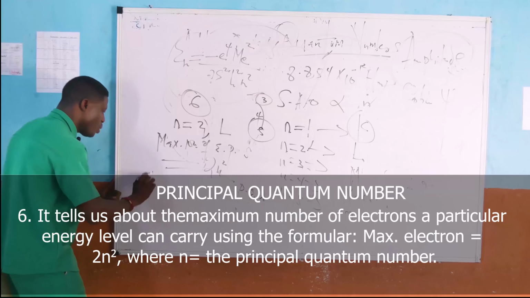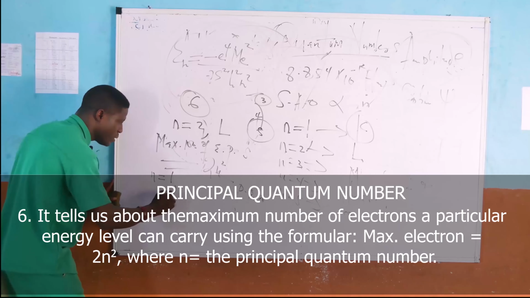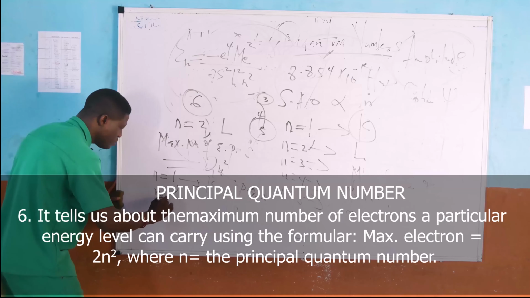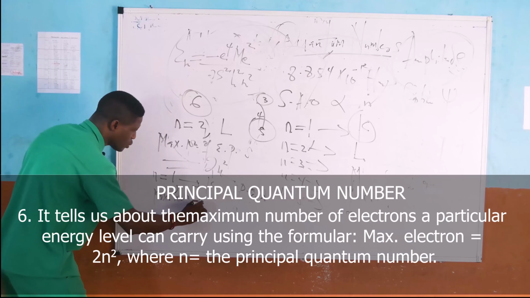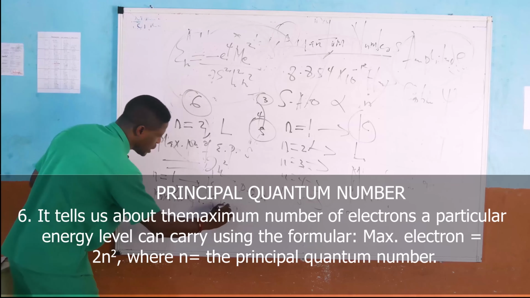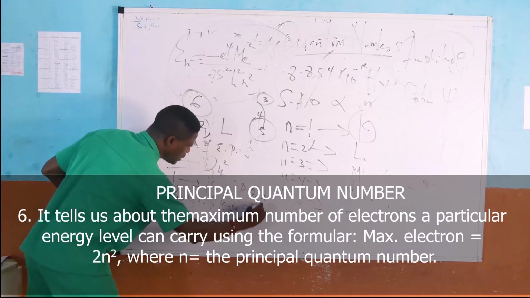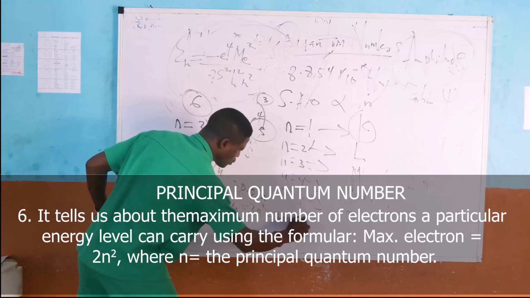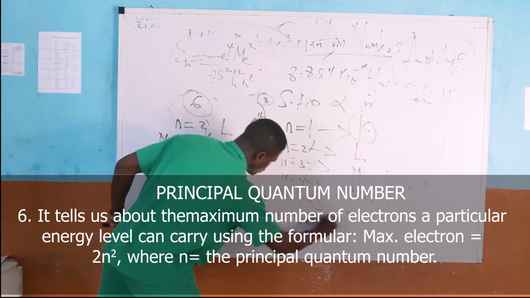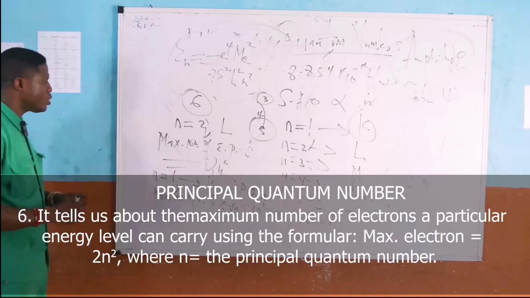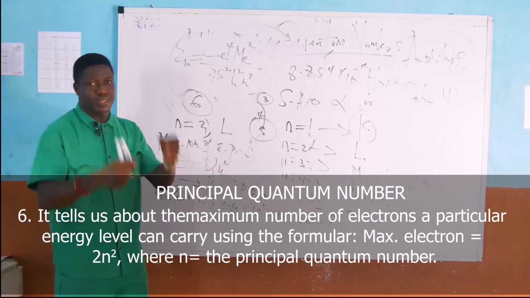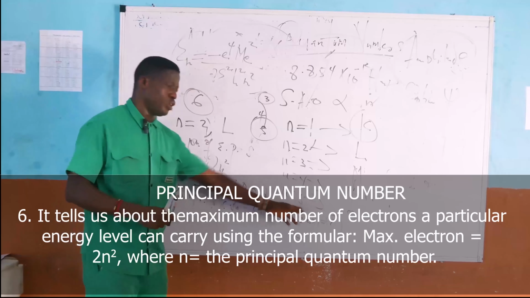That is to say, when the principal quantum number is equal to 1, that will correspond with the K shell. So the maximum number of electrons for the K shell will give us 2n squared, and that is equal to 2 times 1 squared. That will give us 2 times 1, and that is equal to 2. That is to say, the maximum number of electrons that the K shell can accommodate, which is the shell closer to the nucleus of the atom, is 2.